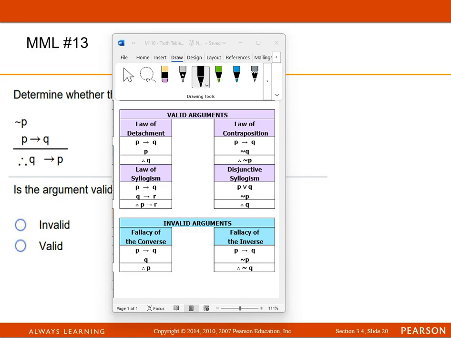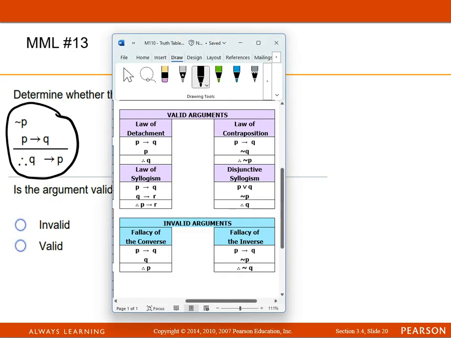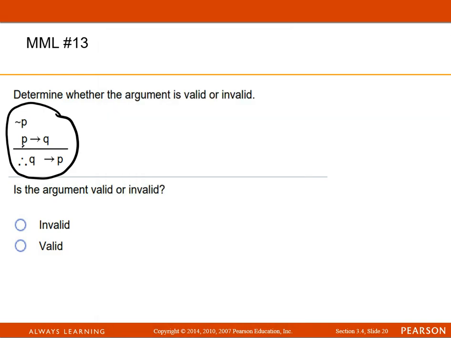First thing you want to do on problem 13 is grab your handout and see if this matches any of these. They don't have to be in the same order, because on the fallacy of the inverse, one of my premises is an if P then Q, and the other one is a negation of P, just like I have here, those two.